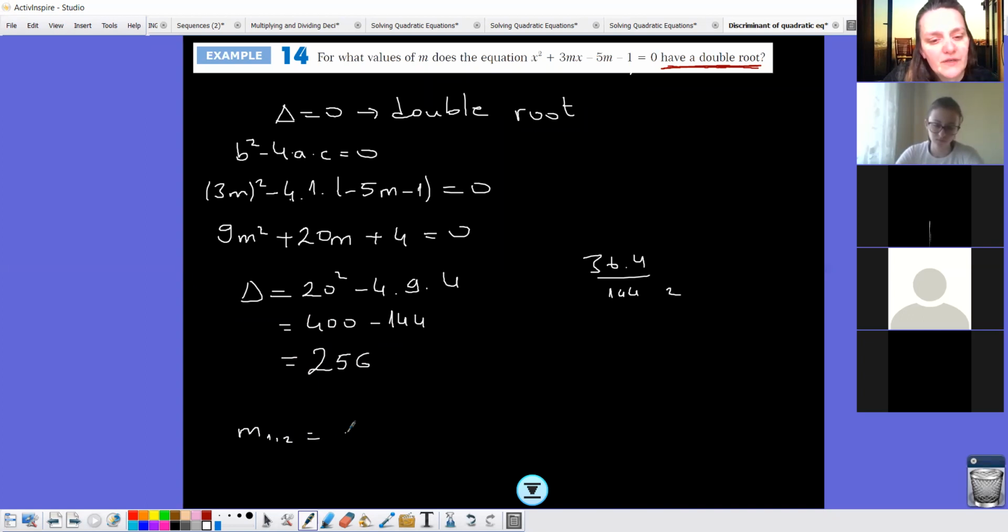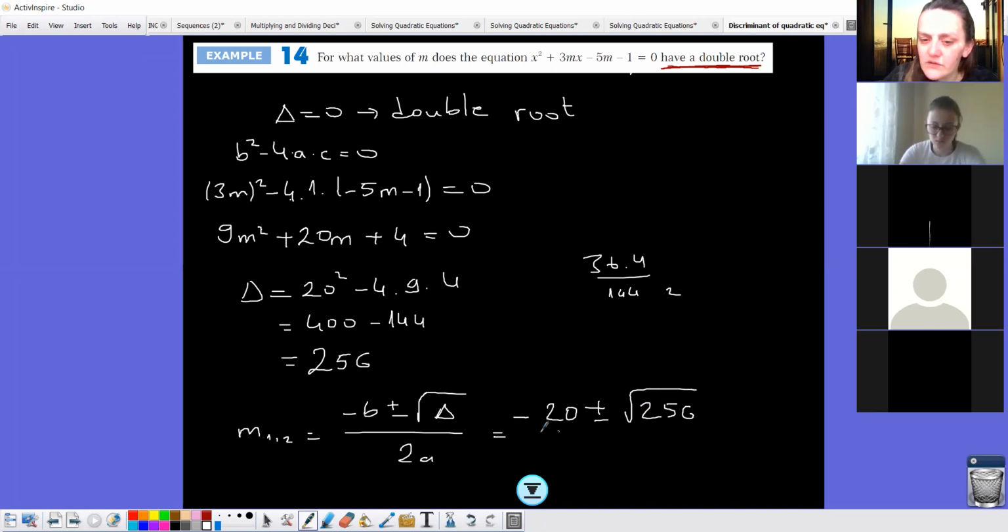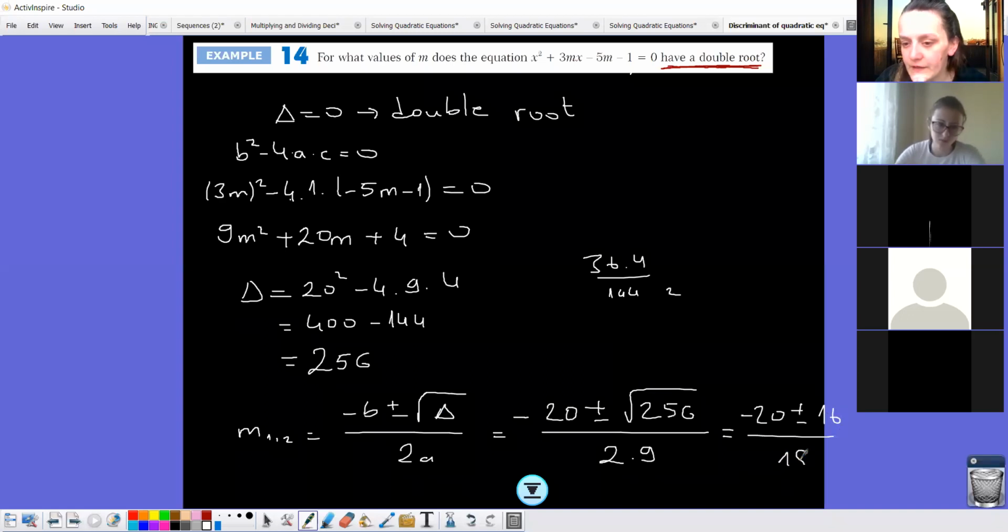m1 and m2 will be minus b plus or minus root of the discriminant over 2a. What is b here? We said that it is 20. Minus 20 plus or minus root of 256. Root of 256, can we find it? 16, yes. Minus 20 plus or minus 16 over 18.